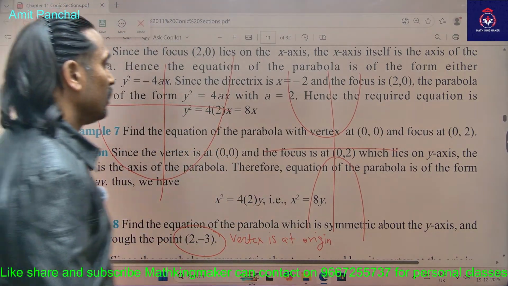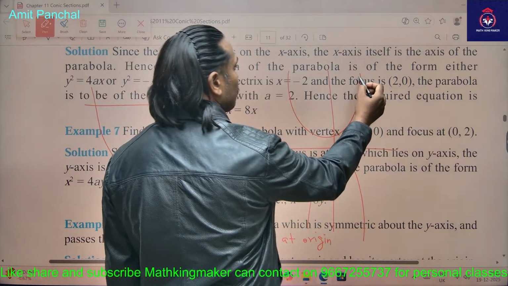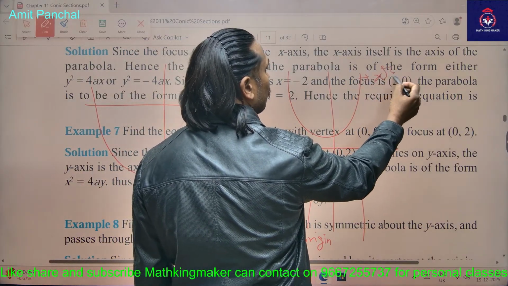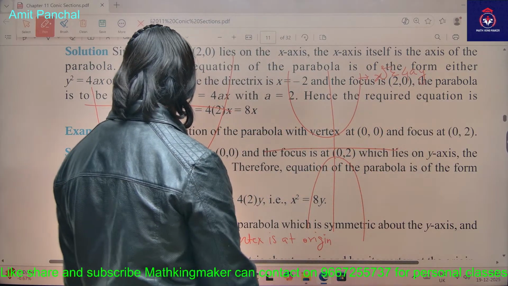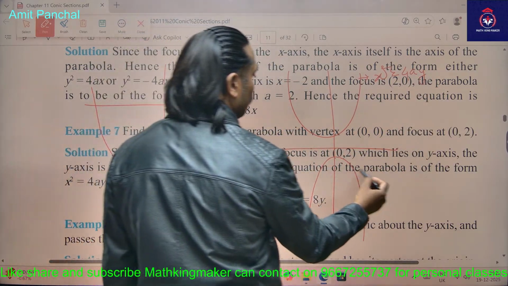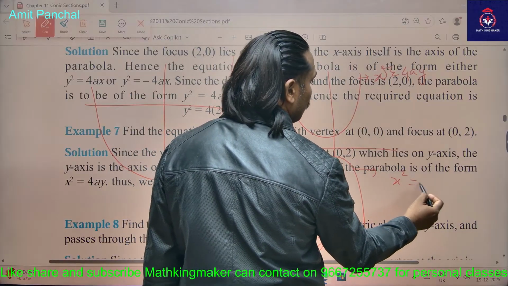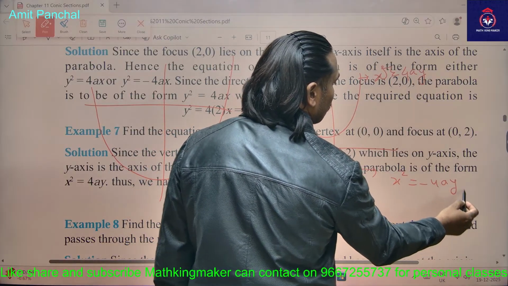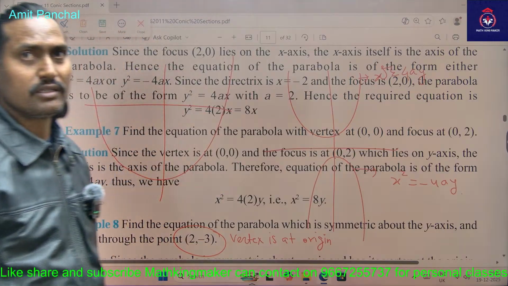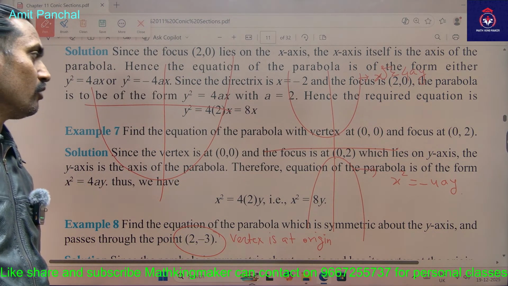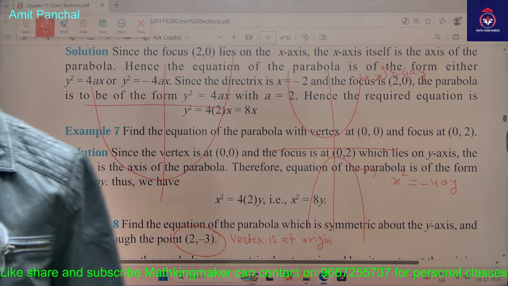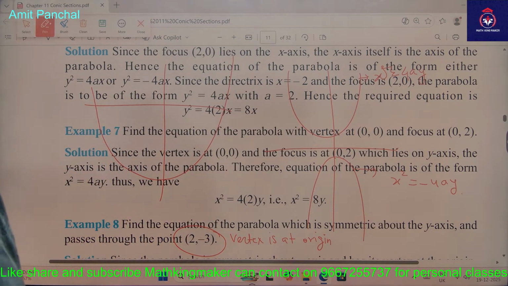No. If it is symmetrical about the y-axis, the equation will be x square equal to 4ay. If this one, then it will be x square equal to minus 4ay. So either your equation will be x square equal to 4ay or x square equal to minus 4ay. Sir, that's not symmetrical about the y-axis, right?